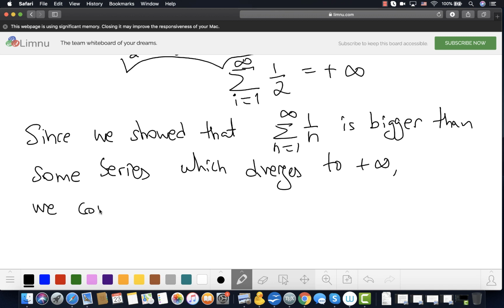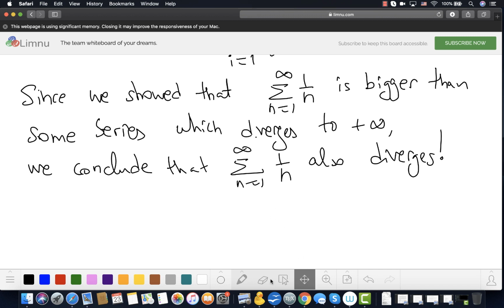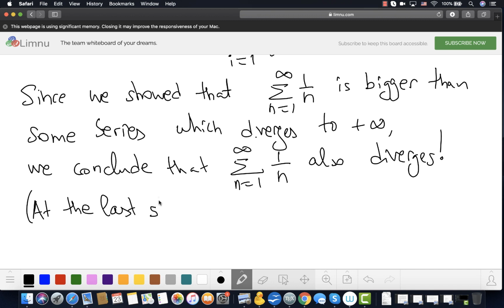This is basically a comparison test. We conclude that the sum n goes from 1 to infinity of 1 over n also diverges. And that finishes the proof of the claim that the harmonic series also diverges. At the last step of the argument, we used something called the comparison test, which we have seen already for integrals.